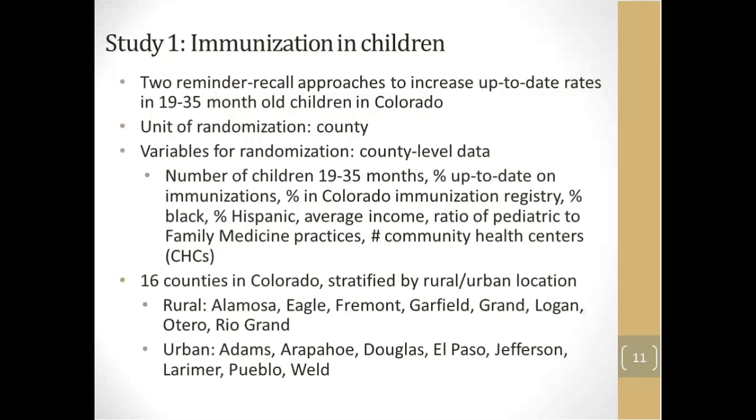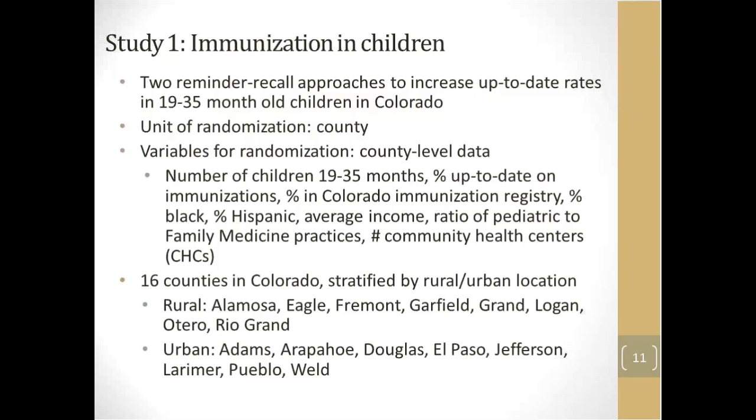So we had 16 counties in Colorado, and before carrying out this procedure, we actually stratified by rural and urban locations. So we did the randomization procedure within the rural counties and then within the urban counties.